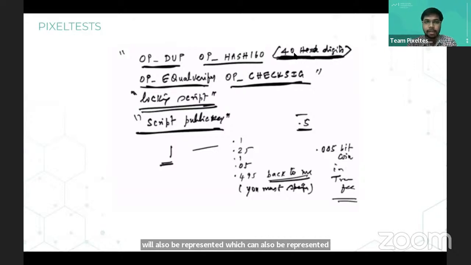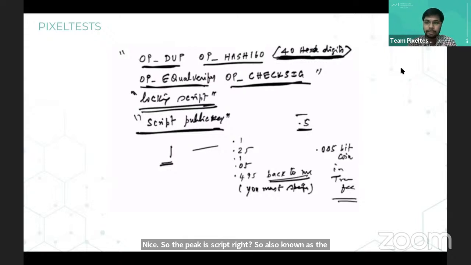That is what is there. And then there is the operation equal verify and operation check signature, right? That output will also consist of the locking script or the witness script or the cryptographic puzzle, right? So the PK script. It's also known as the PK script.